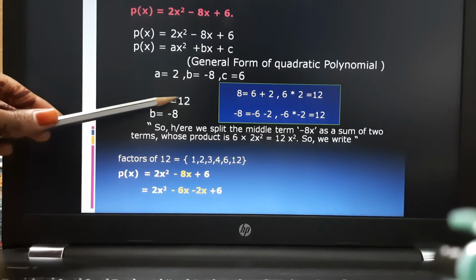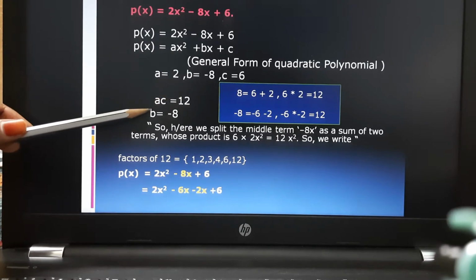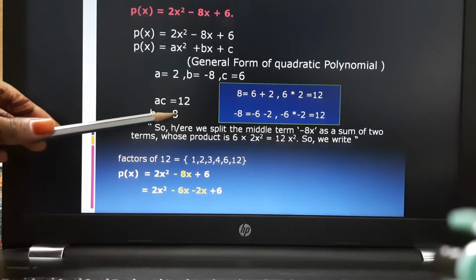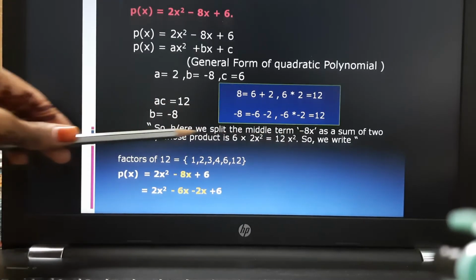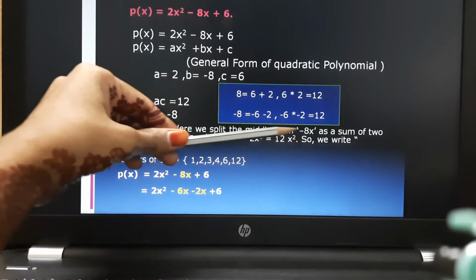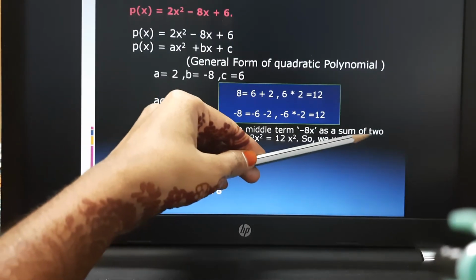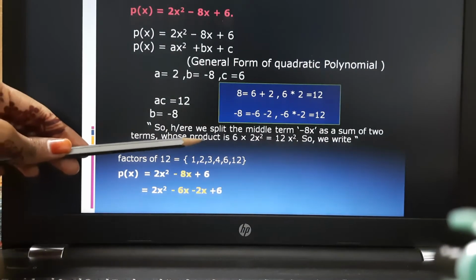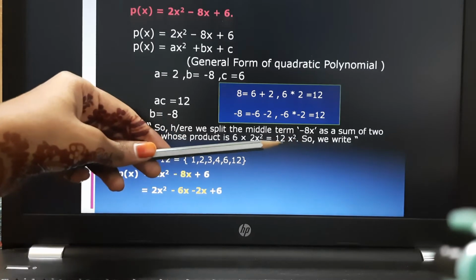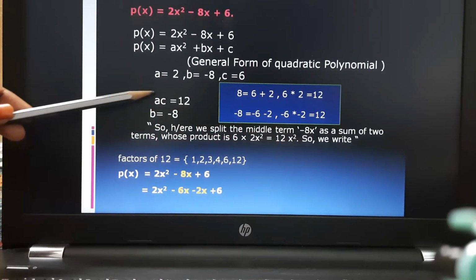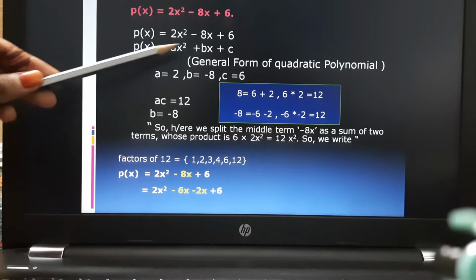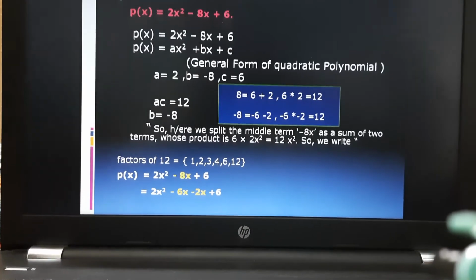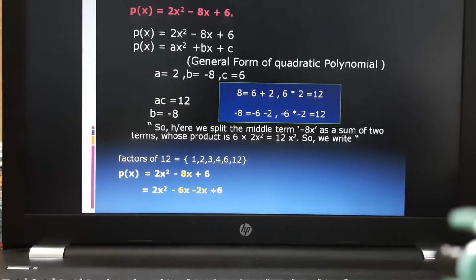AC is equal to 12. The middle term is 8. So now we have to split 8x as a sum of two terms whose product should be equal to ac, which is 12.